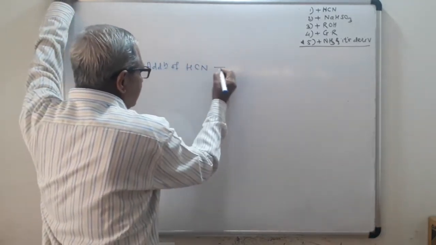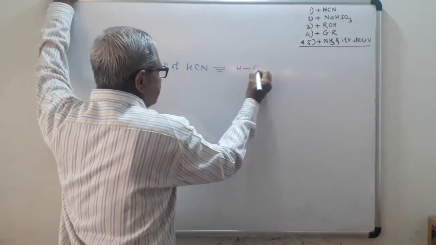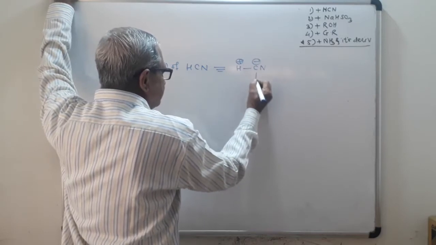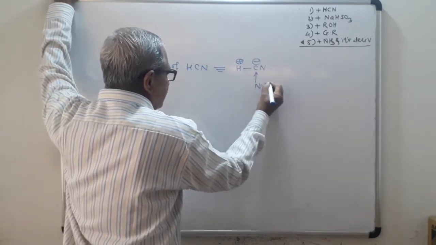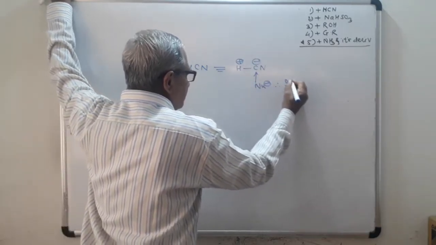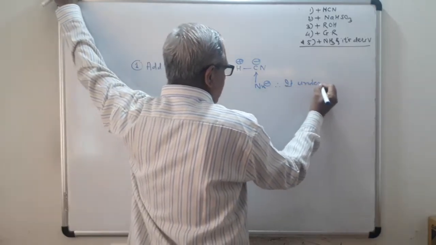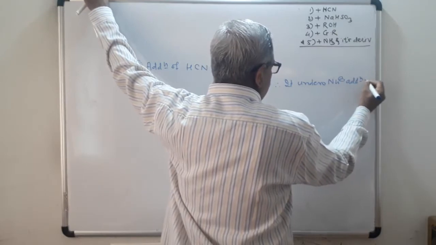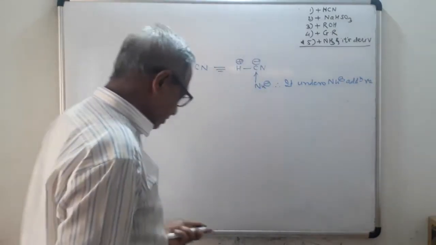This structure can also be written as HCN. Hydrogen has a positive charge, CN has a negative charge. This will act as a nucleophile, therefore it undergoes nucleophilic addition reaction both in aldehyde and ketone.